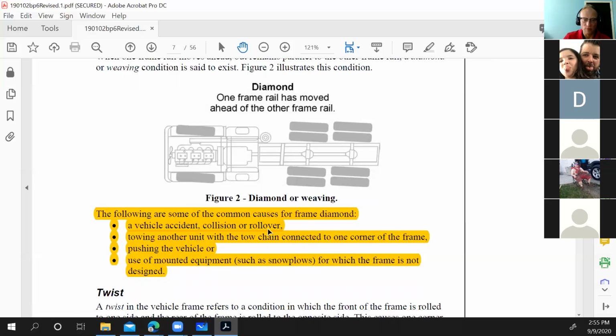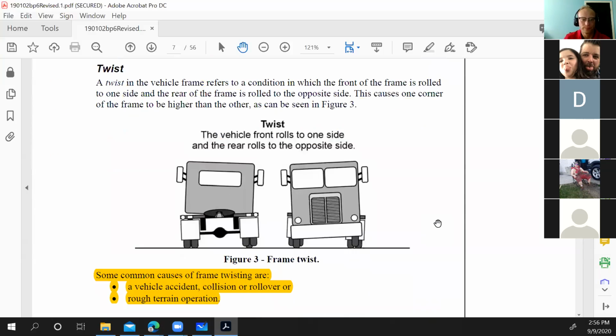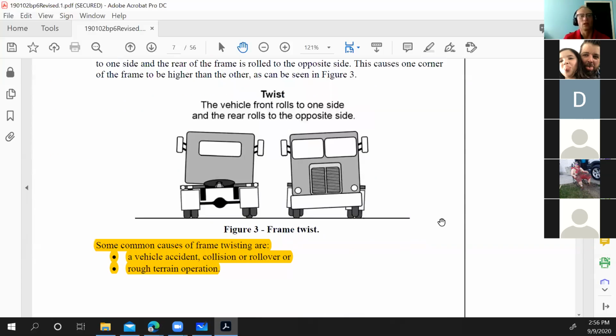The only other ones that are different are, like you say, if I hook my tow chain up to this frame rail at the front here and give it a real good yank, it might pull that frame rail out of alignment with the other one. Same thing with pushing. If I push from back here, you can do the same type of damage. So whoever said that, you're absolutely correct. A twist. A good old twist in your vehicle.